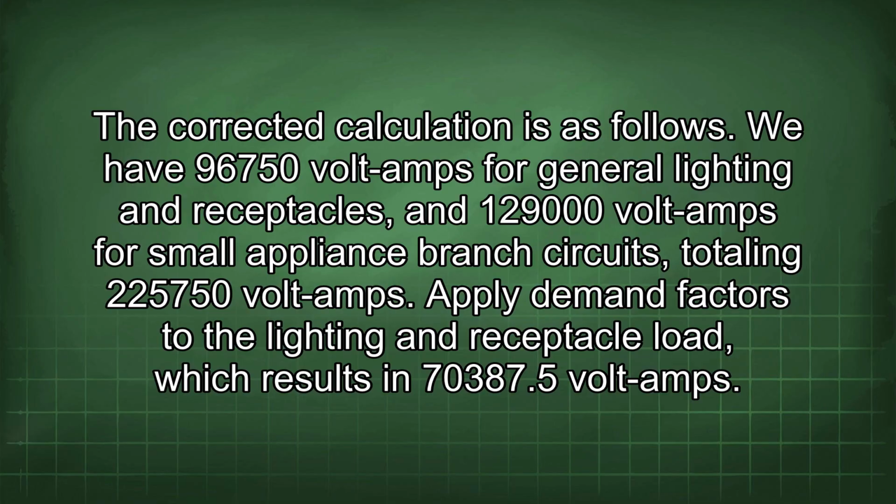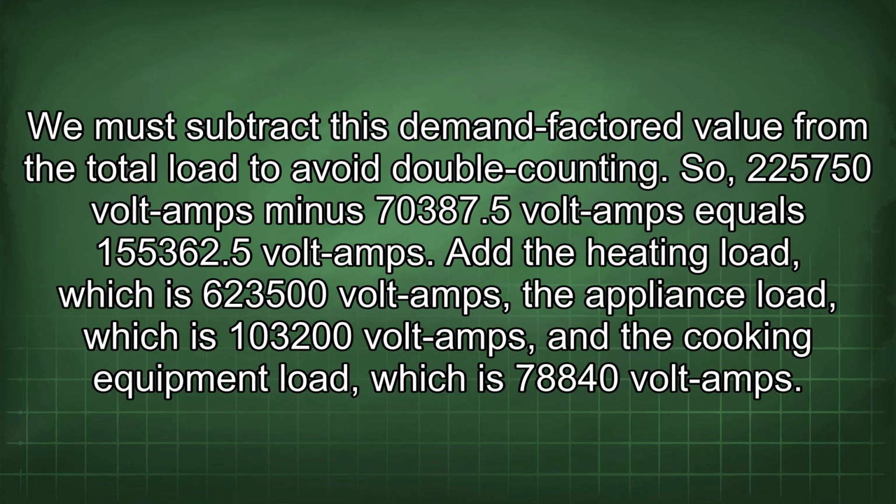Apply demand factors to the lighting and receptacle load, which results in 70,387.5 volt amps. We must subtract this demand factored value from the total load to avoid double counting. So 225,750 volt amps minus 70,387.5 volt amps equals 155,362.5 volt amps.